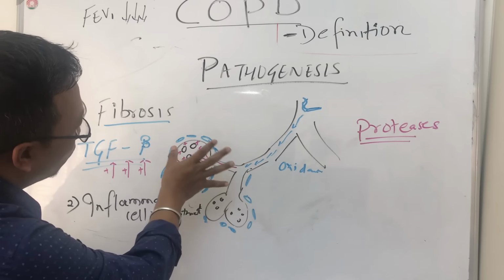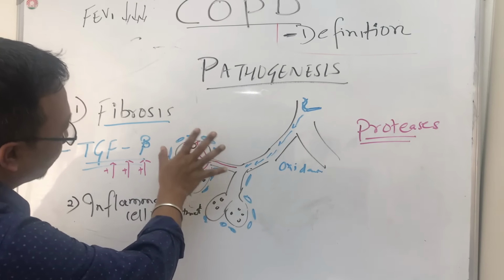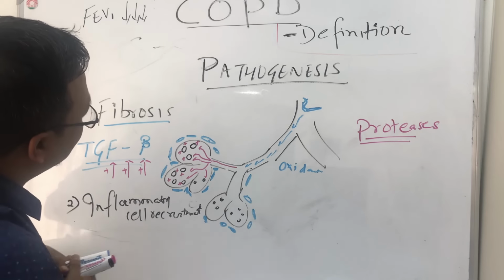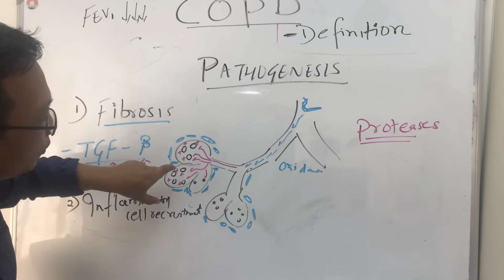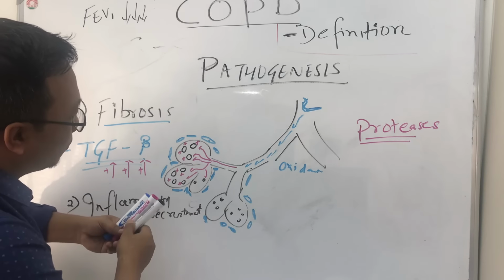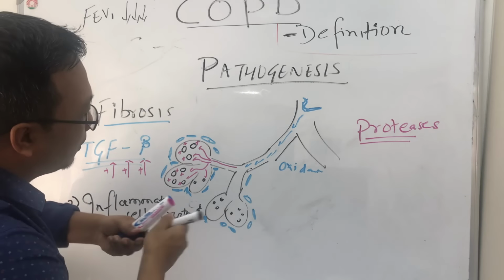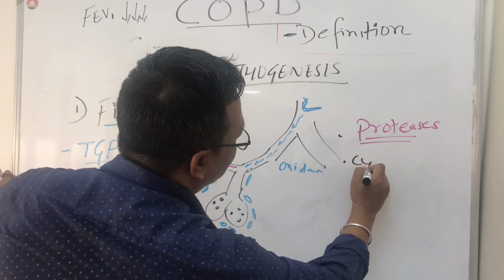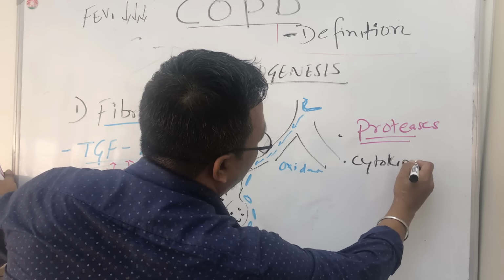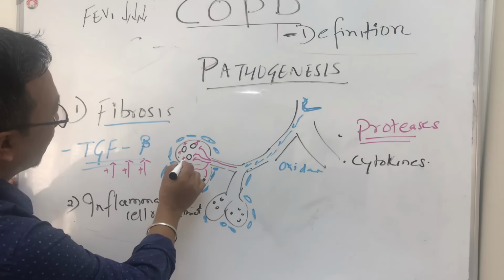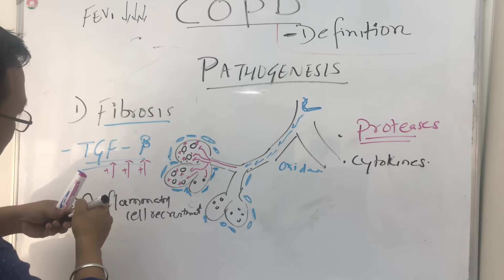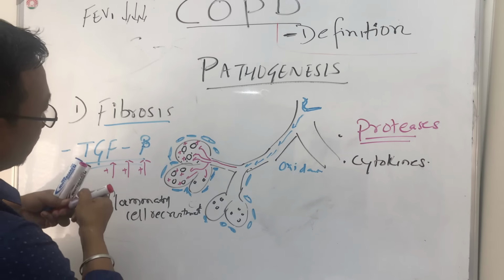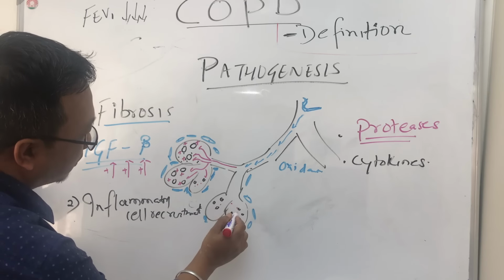Now look what happens here. Because of smoking, macrophages are stimulated. So when macrophages are stimulated, they will release proteases and they will release cytokines. Plenty of cytokines will be released.